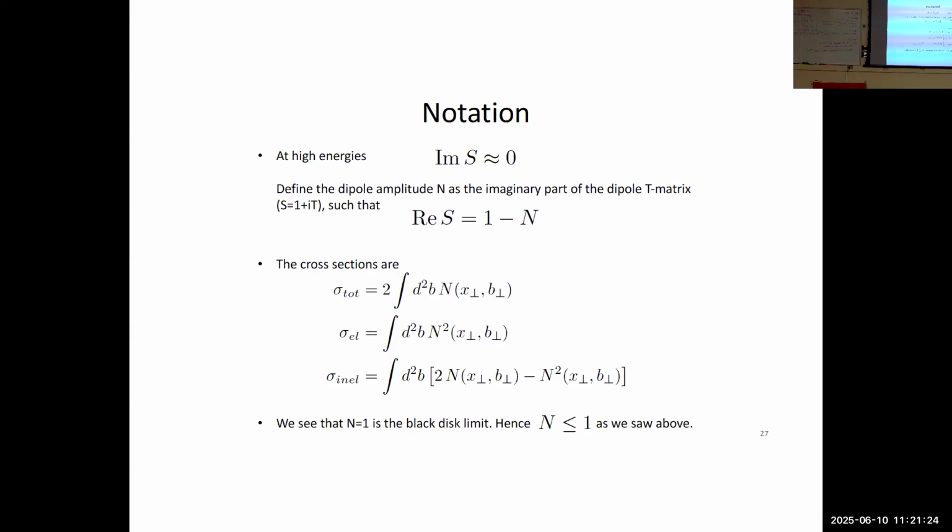Okay, and this is, as I mentioned last time, color transparency. The statement that if your dipole is zero size, the colors of quark and anti-quark screen each other and the interaction goes to 0. It's still preserved, right? It was valid yesterday for a two gluon exchange. It's still preserved if we include additional gluon exchanges.